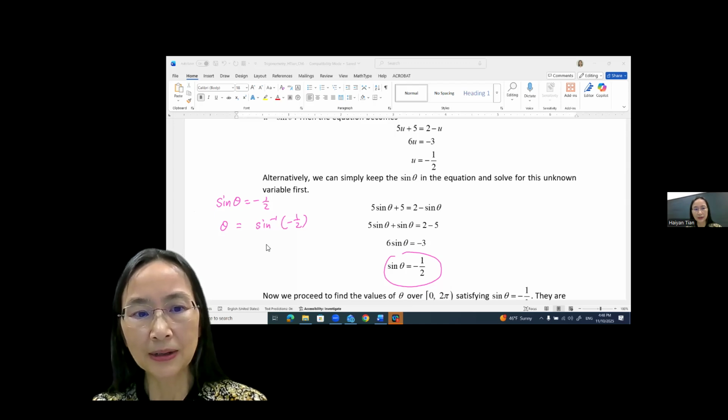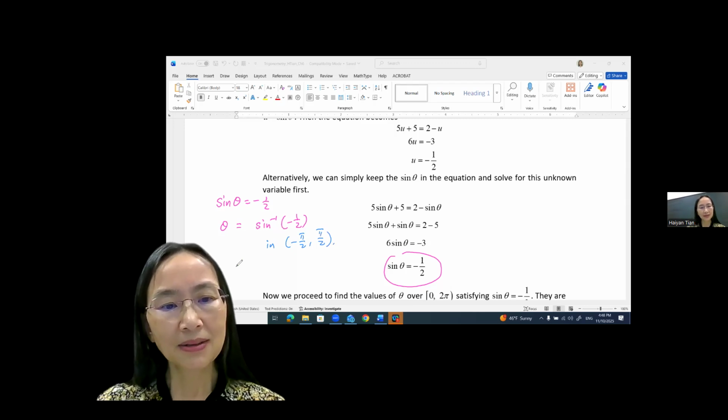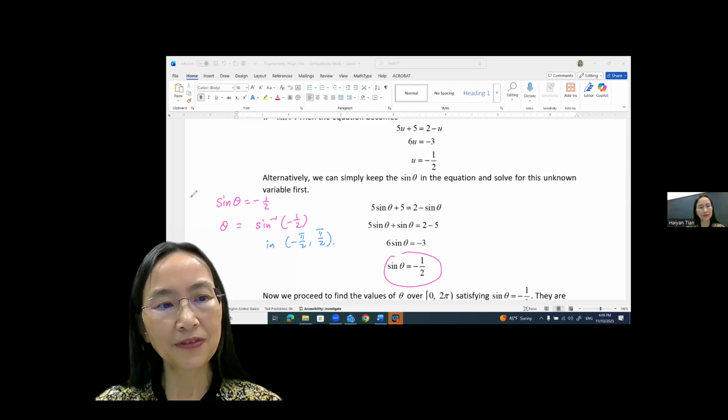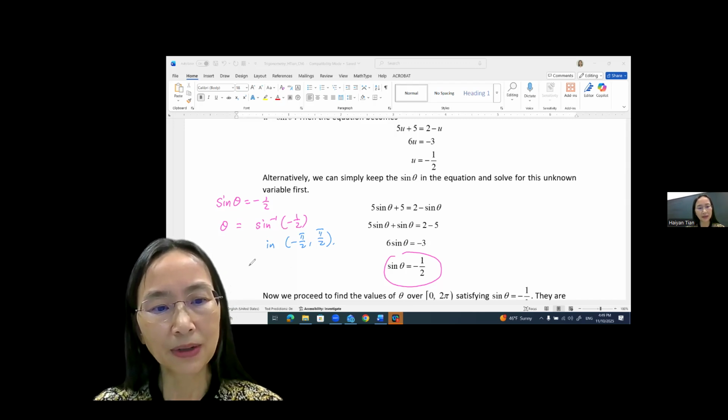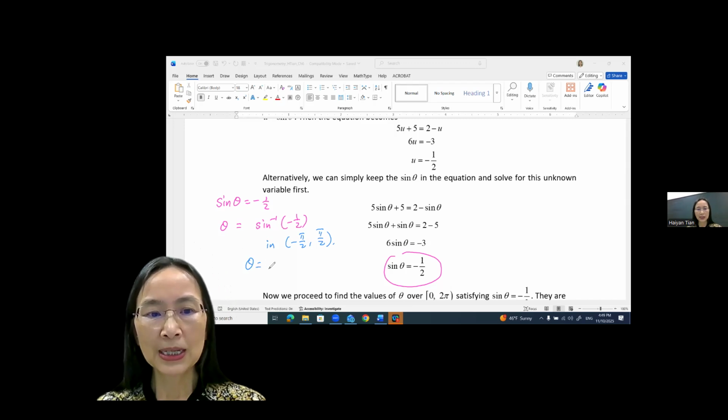Only in the interval from negative half of pi to positive half of pi. So let's find the theta in that range. Theta, by doing the inverse, is negative pi over 6.